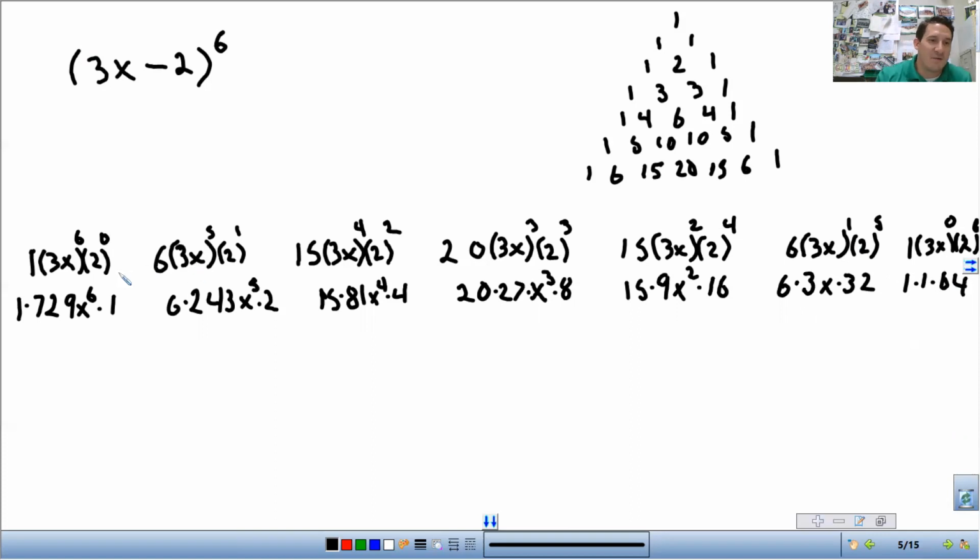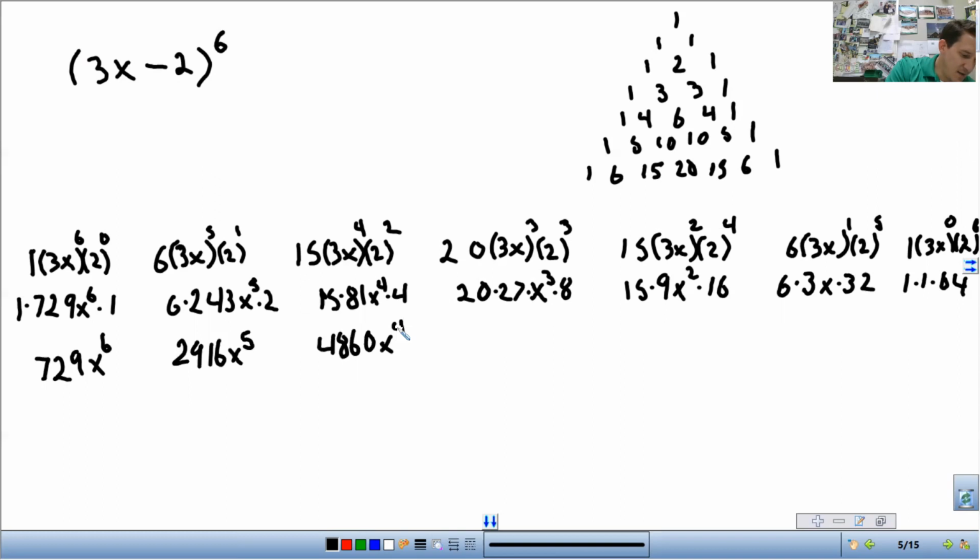So now we need to multiply everything out. 1 times 729 times 1, that's going to be 729 x to the 6. 6 times 243 times 2 is 2,916 x to the 5th. I'm going to do 15 times 81 times 4, which is 4,860 x to the 4th.